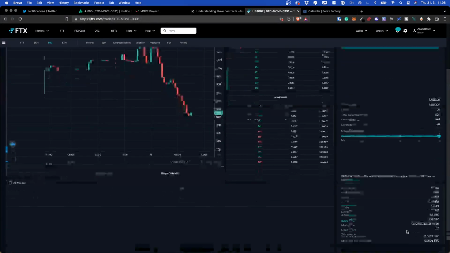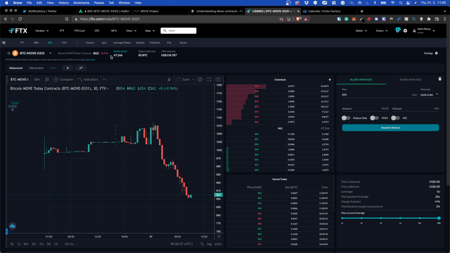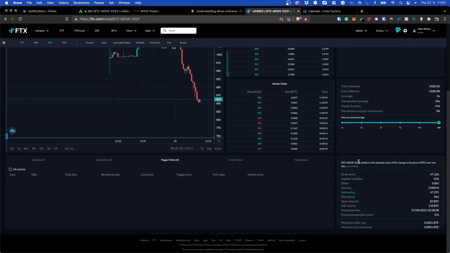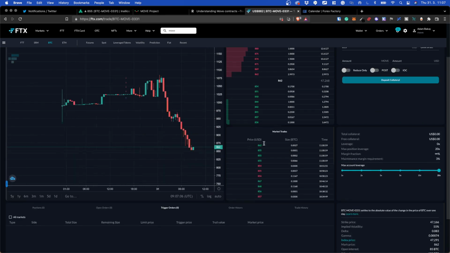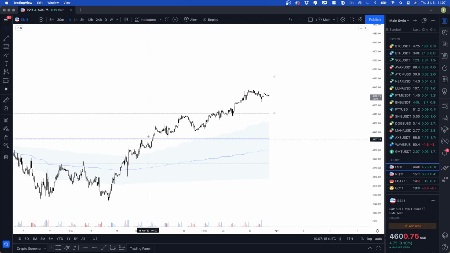Another thing which is extremely important when you are about to go long is to take a look at the strike price of the contract before the news. You can see that the strike price now for this day's expiration, which you can find here, is 47,166.